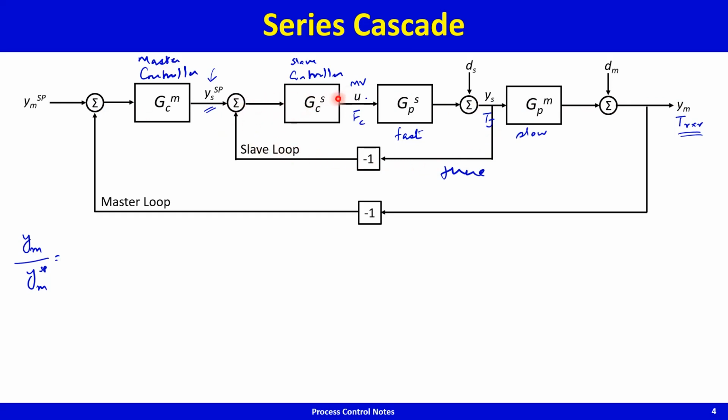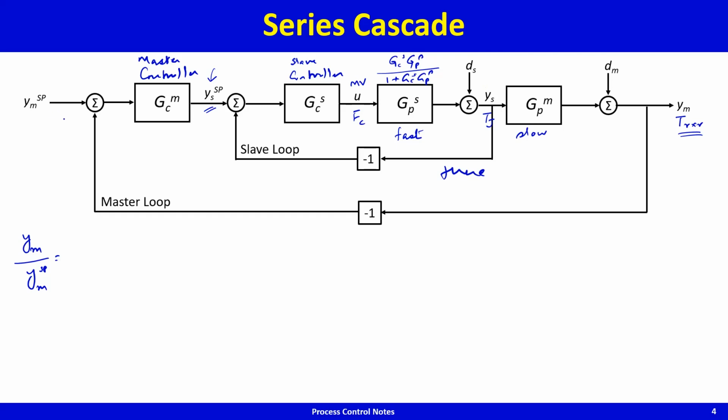This loop corresponds to GCS GPS divided by 1 plus GCS GPS. And so this resolves the inner loop, the slave loop.